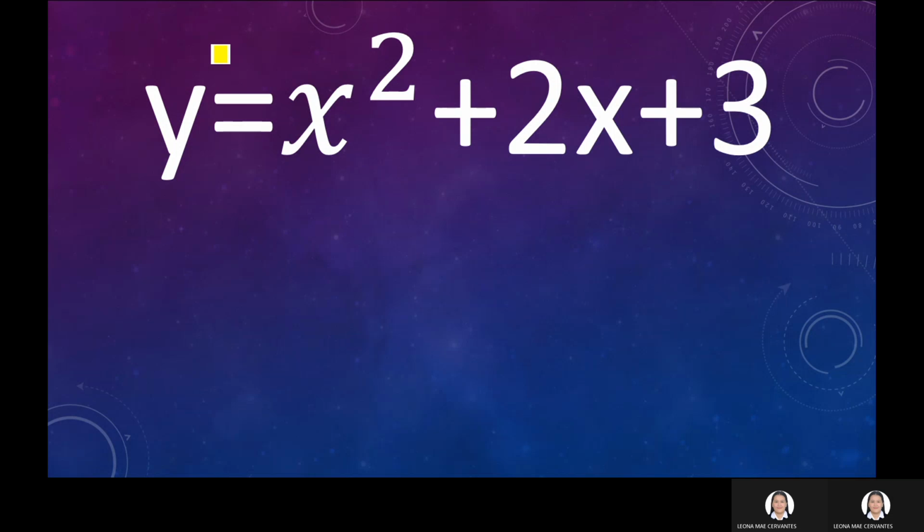The exponent of y is 1, which is an odd number.